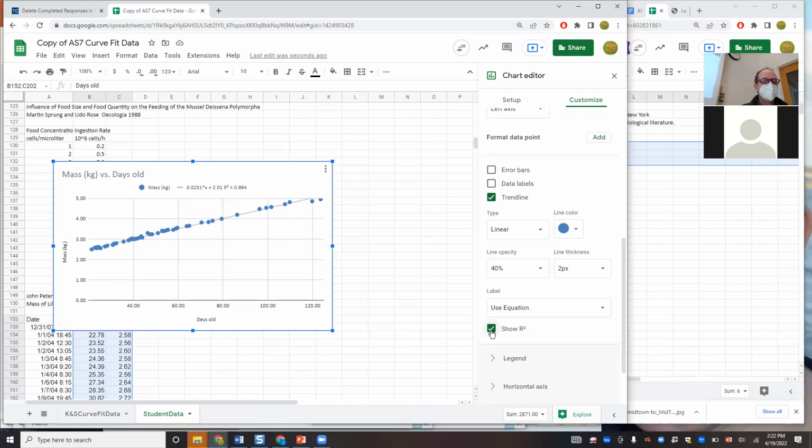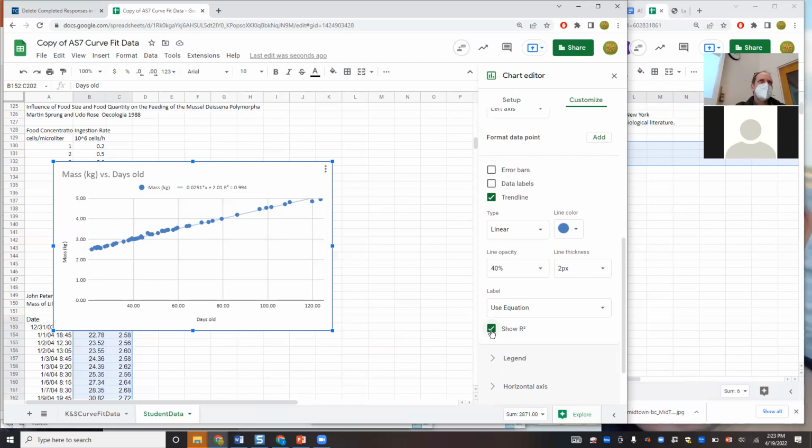So that's what those values are. The 2.01 is an estimate of what she was at time 0 when she was born, and the 0.0251 is basically kilograms per day, and then X is days. So add those together, and I'm going to get her weight.